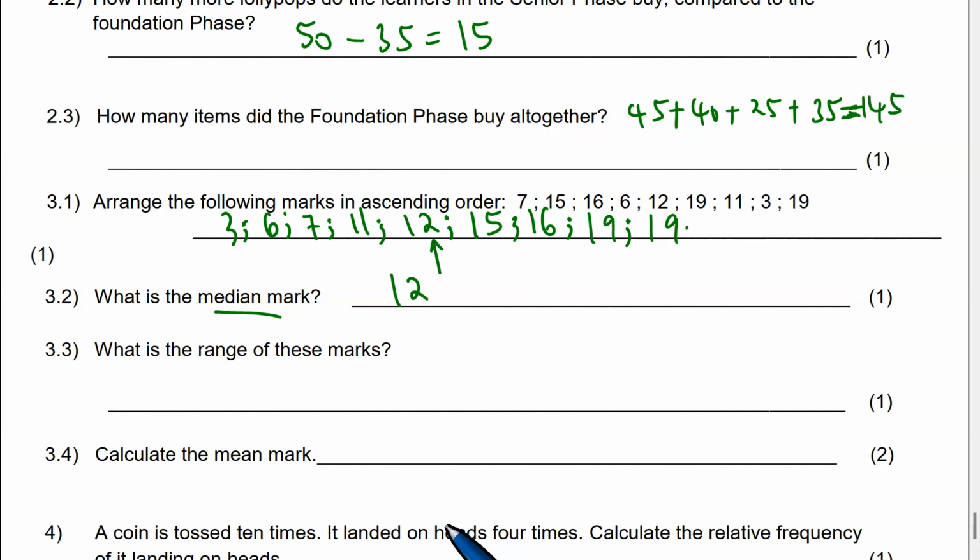So you have to subtract the smallest number from the biggest number. So the range is what? 16. So yeah, that's correct. The range would be 19 minus 3, which is 16. So take the largest one minus the smallest one, which is 16.